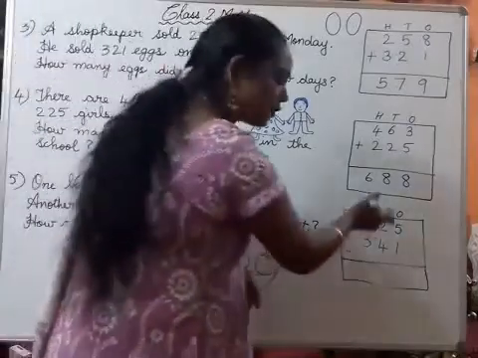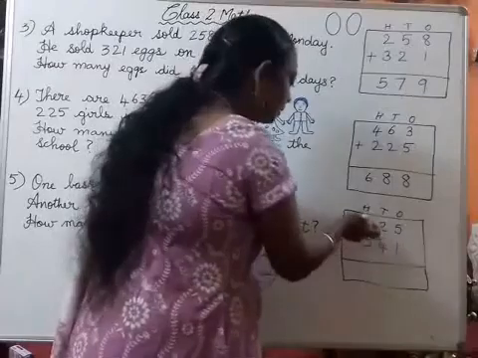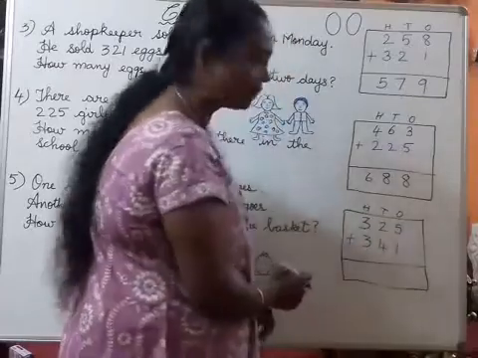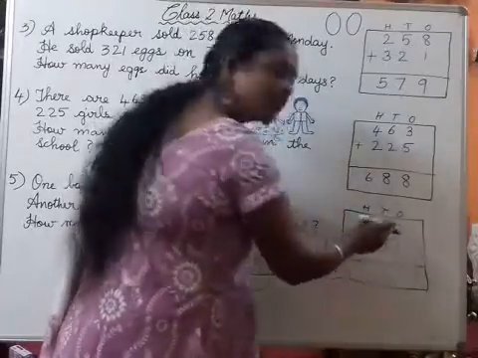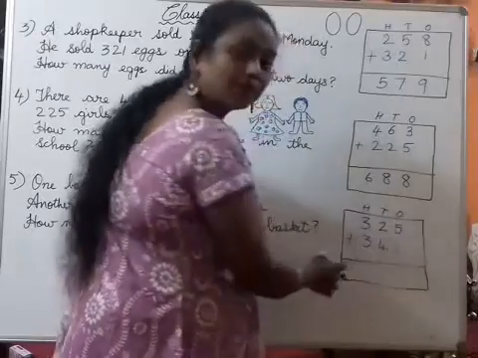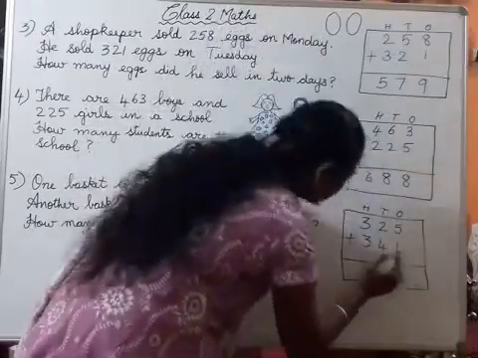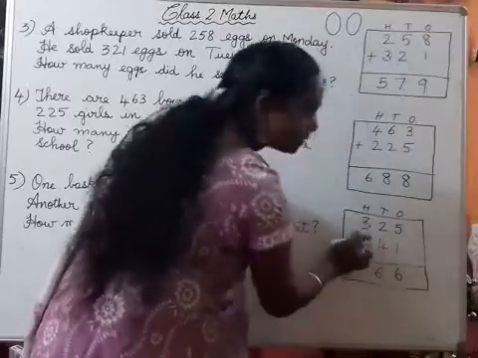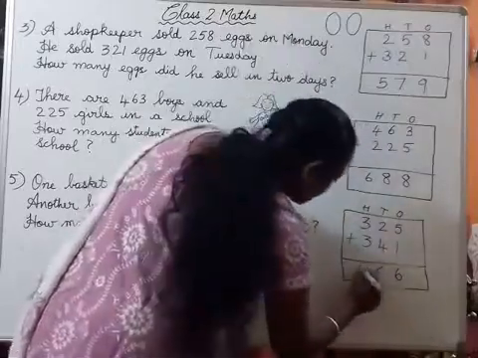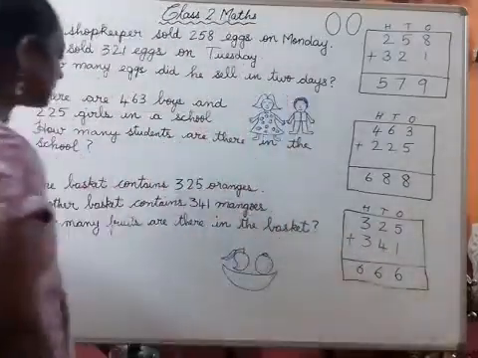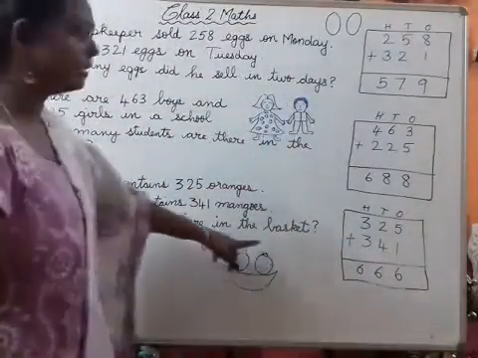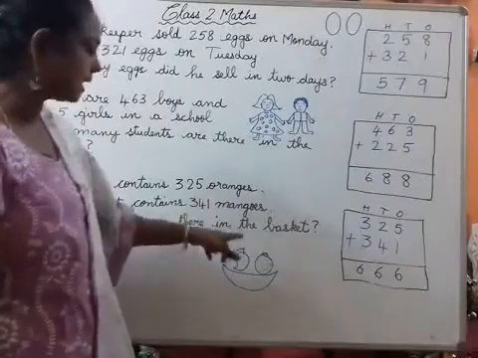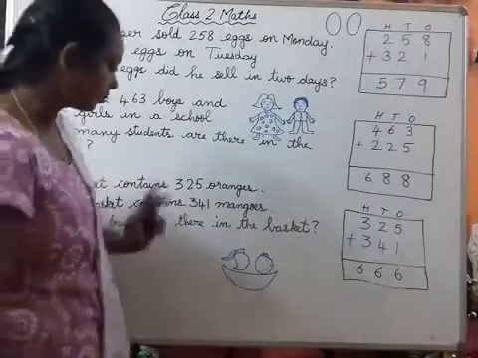So we have to add these two numbers, 325 and 341. First we will start with ones place. 5 plus 1 will be 6. 2 plus 4 will be 6. 3 plus 3, yes, 6. So 666 fruits are there in the basket. एक basket में कितनी fruits है?